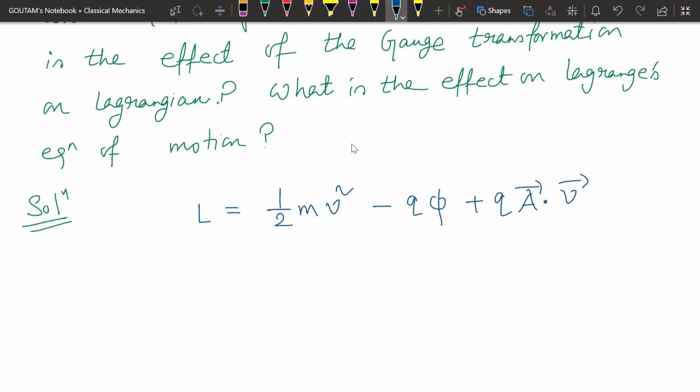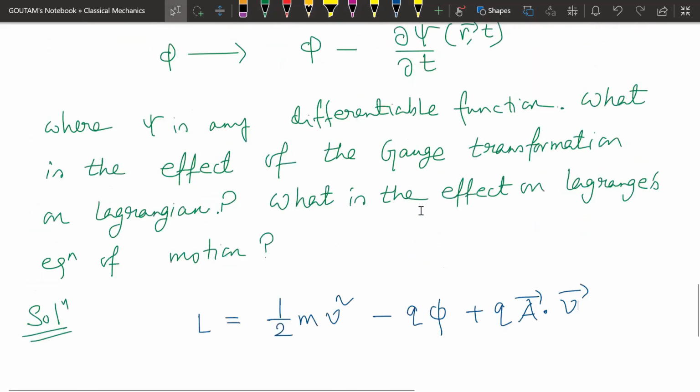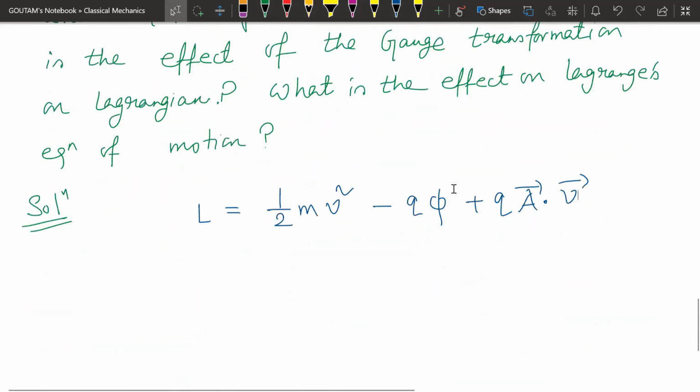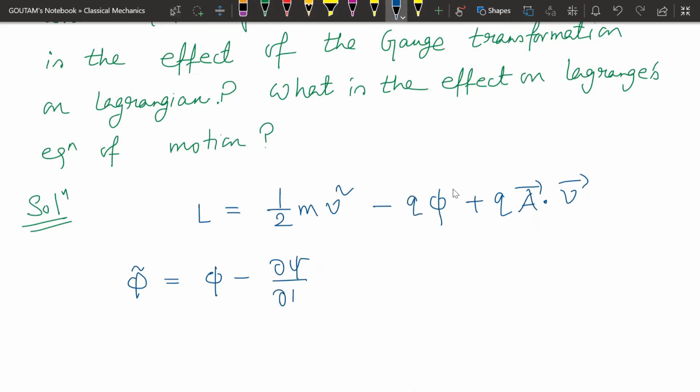A is the vector potential and v is the velocity of the particle. So now our new scalar potential, let's define it by phi tilde. It is defined like phi minus del psi del t.